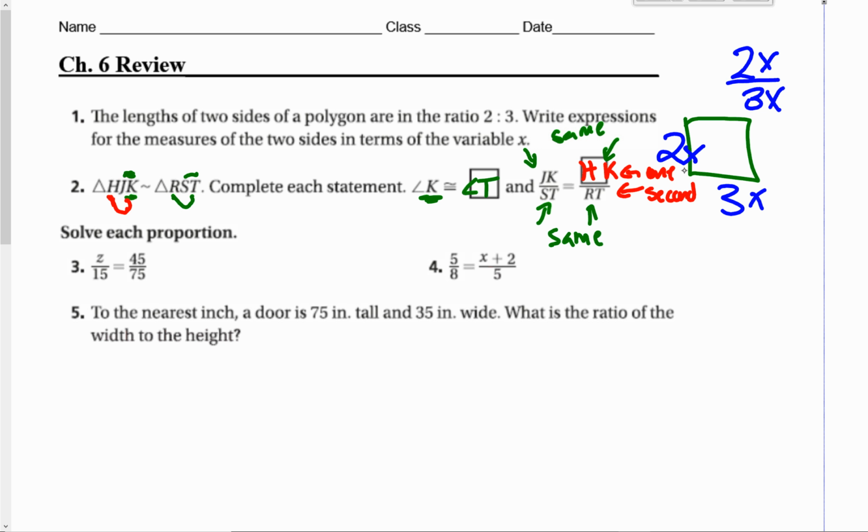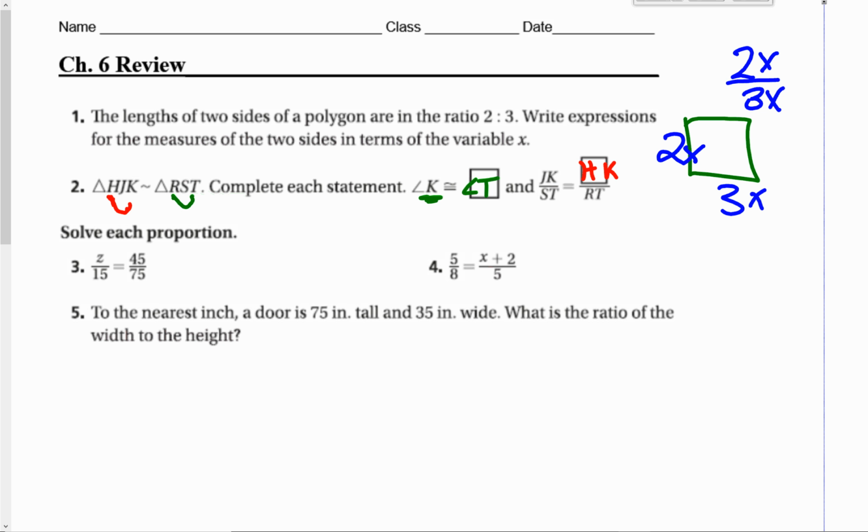But it's easy just to remember: whatever's on top is from one polygon, whatever's on bottom is from the second polygon. Hopefully that makes sense to you. If it doesn't, come see me, or you can YouTube it, or do Khan Academy and look up similarities, because they would be in there.